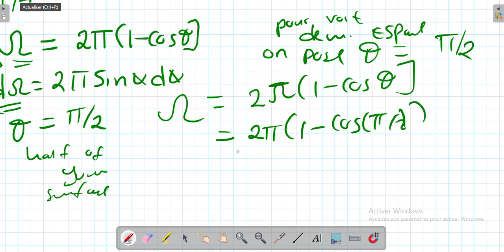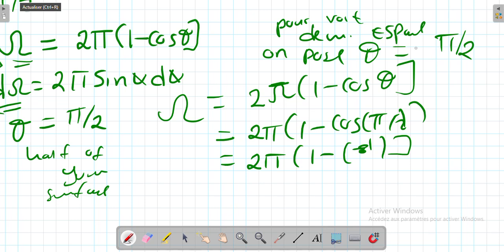Moroccans are very sharp. Pi over 2, they already know what it is. So 2 pi (1 minus ...). What is cos pi over 2? You can just put it in the bracket. It's going to give you negative 1, if I'm not mistaken. No, it's going to give you... wait, I have to check. What is cos pi over 2?